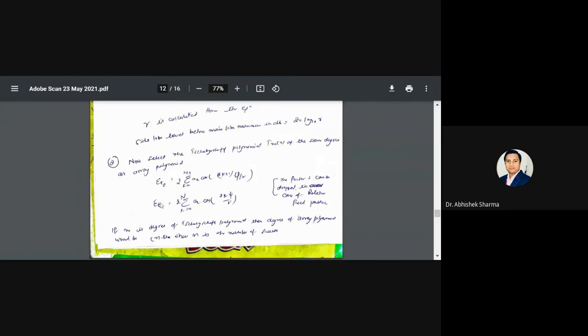So you will have either an even number of elements or an odd number of elements, and you will select one equation out of these two. If m is the degree of the Chebyshev polynomial, then the degree of the array polynomial will be n minus 1, because m is equal to n minus 1. And here n is the number of sources.